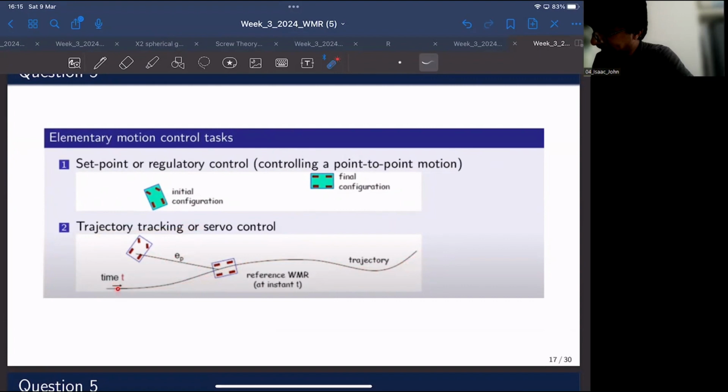In order for us to realize this desired trajectory, the trajectory has to be continuous. So we should be provided with the position, velocity, and acceleration information. And that is not the case for regulatory control. You only need the initial and final position. The velocities and accelerations can be considered to be zero.